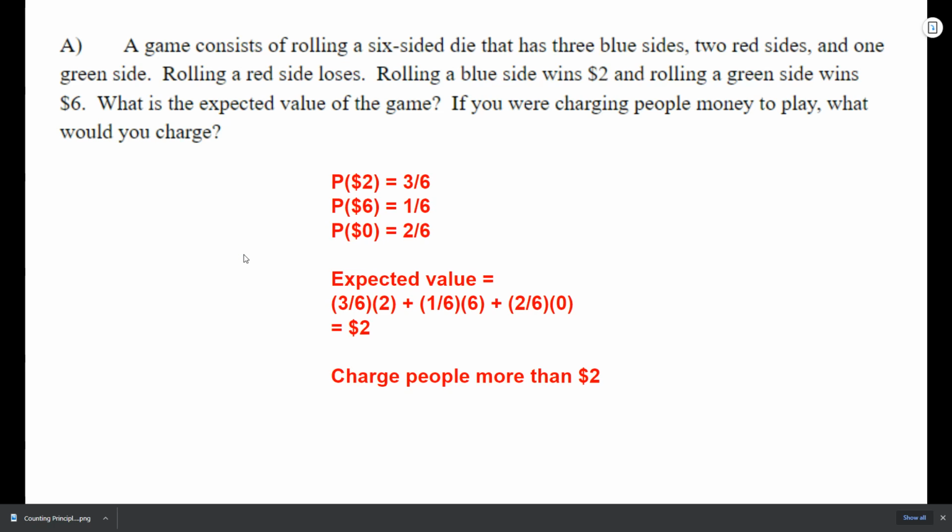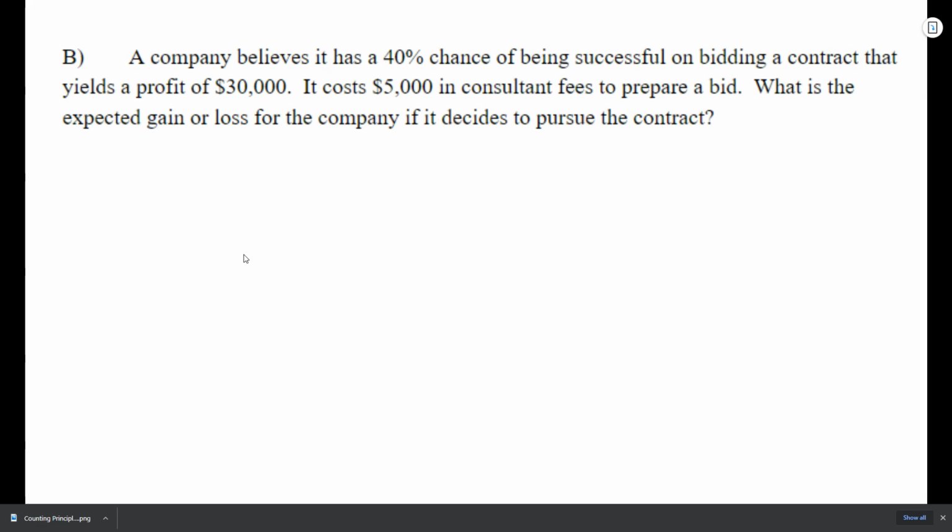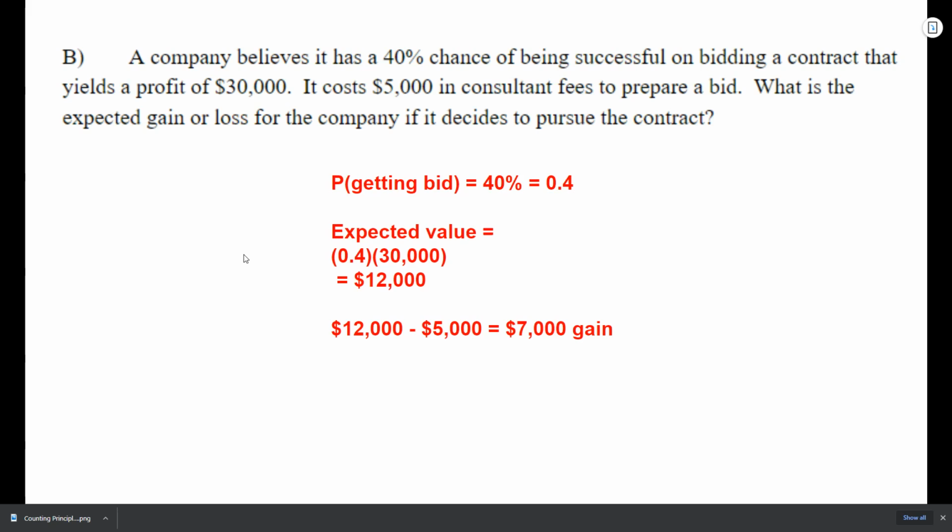A company believes it has a 40% chance of being successful on bidding on a contract that yields a profit of $30,000. It costs $5,000 in consultant fees to prepare a bid. What is the expected gain or loss for the company if it decides to pursue the contract? So the probability of getting the bid is 40% or 0.4.